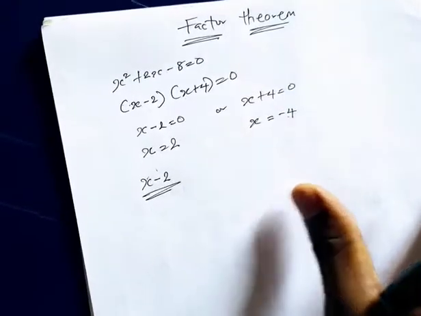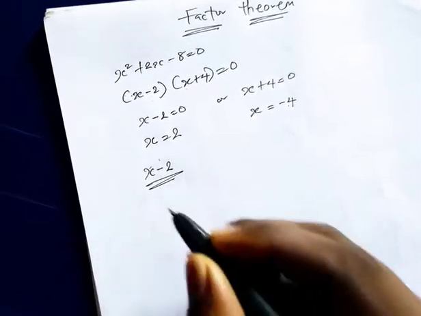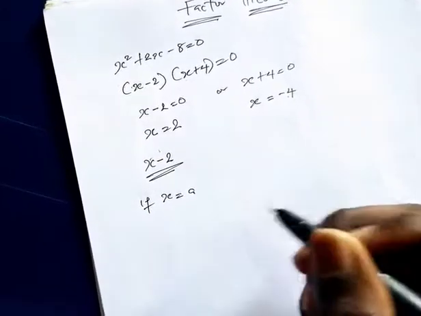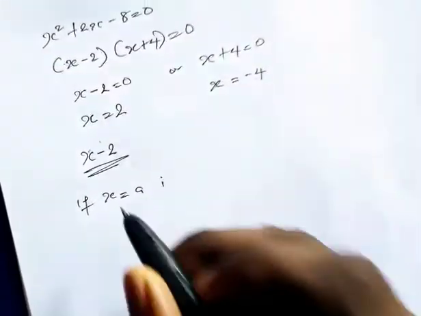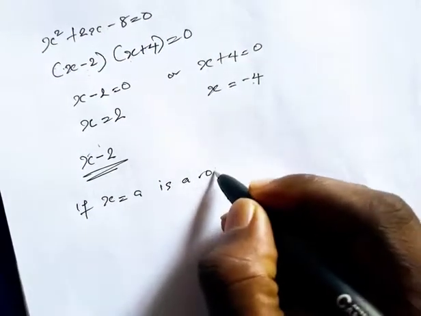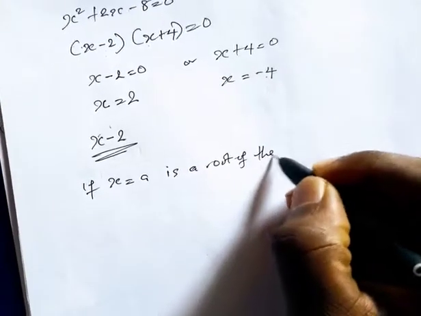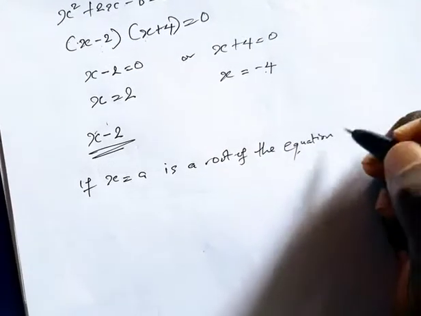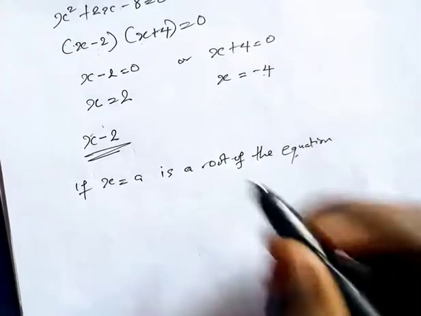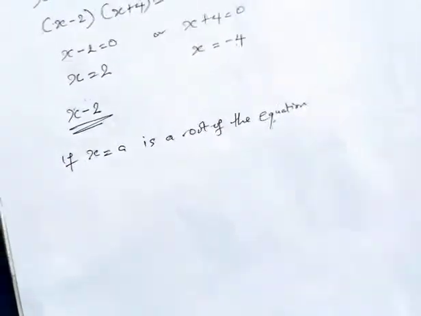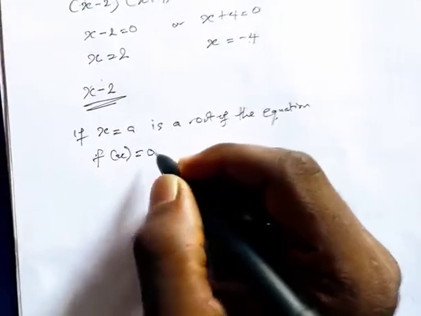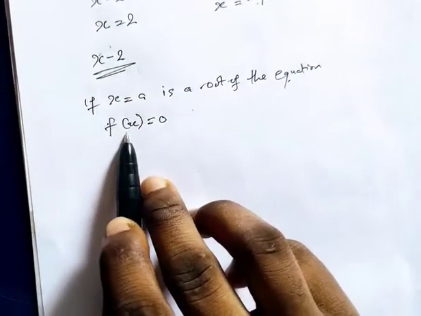Now this is where the factor theorem comes in: if x equal to a is a root of the equation f of x, therefore f of x is equal to 0, this is the equation that we are talking about.